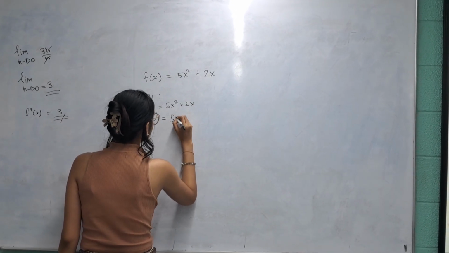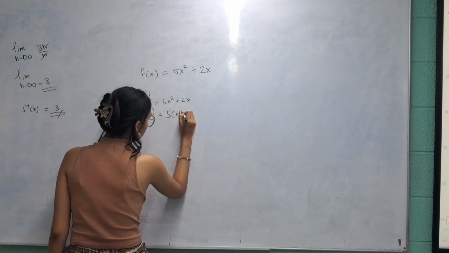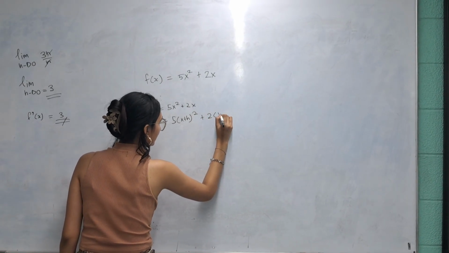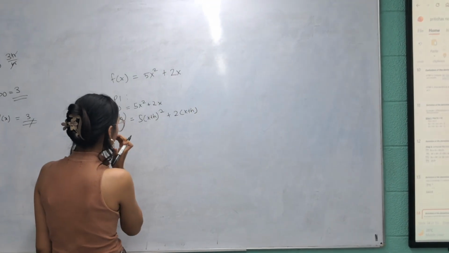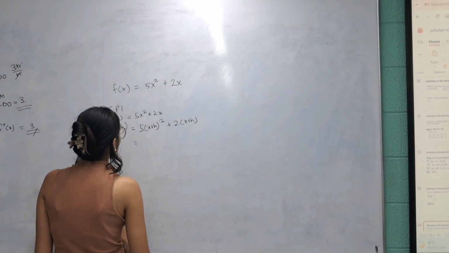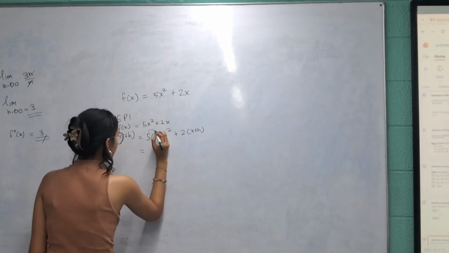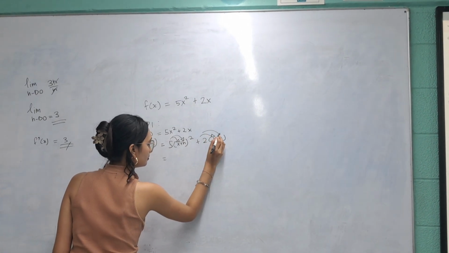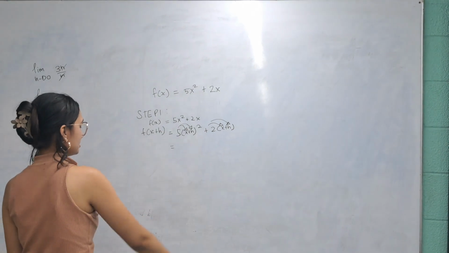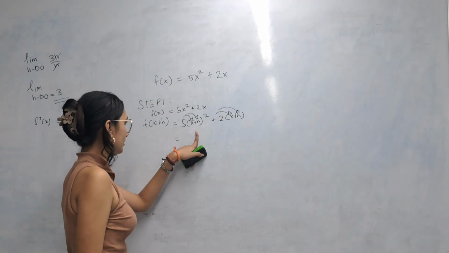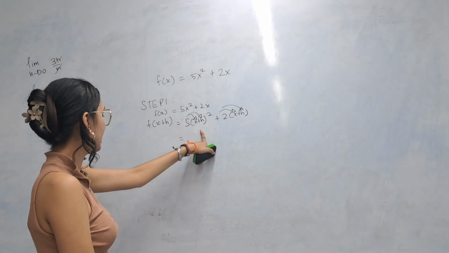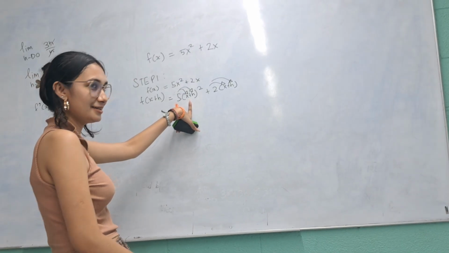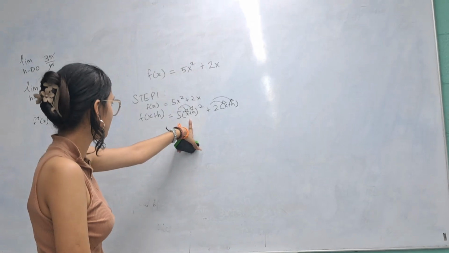So 5 into x plus h squared plus 2 into x plus h. We have to expand this. Before expanding this one, we have to find x plus h squared first.